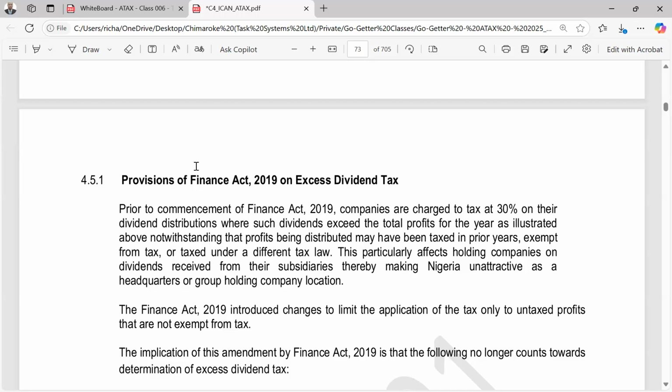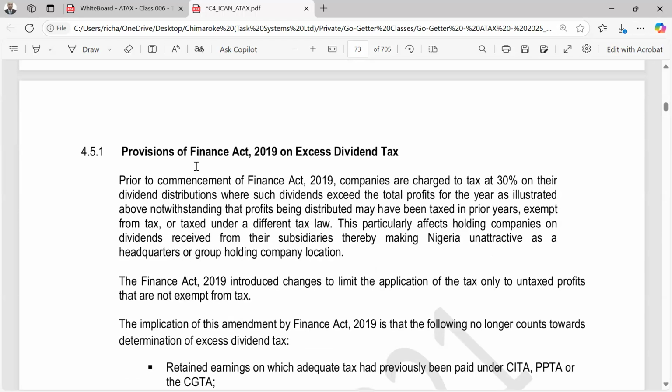So it makes Nigeria unattractive, because most holding companies don't do anything other than finance subsidiaries. They are the parent company, they provide finance for the subsidiaries, and so when they are paid dividends, it puts them at a disadvantaged position.